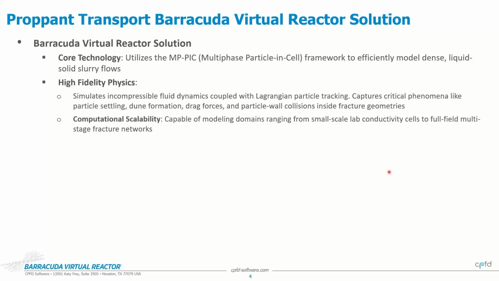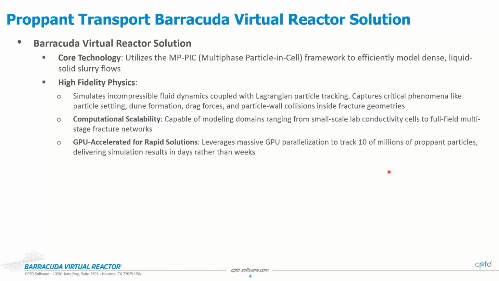And then the other big piece of this is, it's fair enough that you can do this, but you want to be able to do this on real world geometries or field scale problems. And that's where the scalability of Barracuda comes to the fore. So we are one of the first few early adopters of GPU technology. Our solvers take advantage of the parallel processing capability of GPUs.